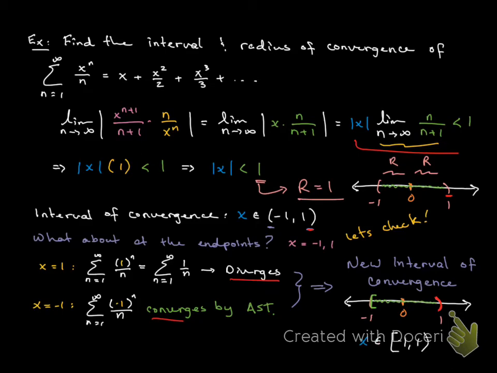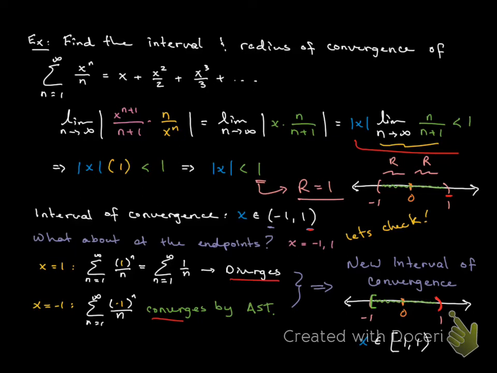So inclusive now, I'm able to put a bracket around minus 1. This is what it means really to have an interval of convergence. We always have to check the endpoints to see if we have a converging or diverging endpoint. And it just depends on what you've got.